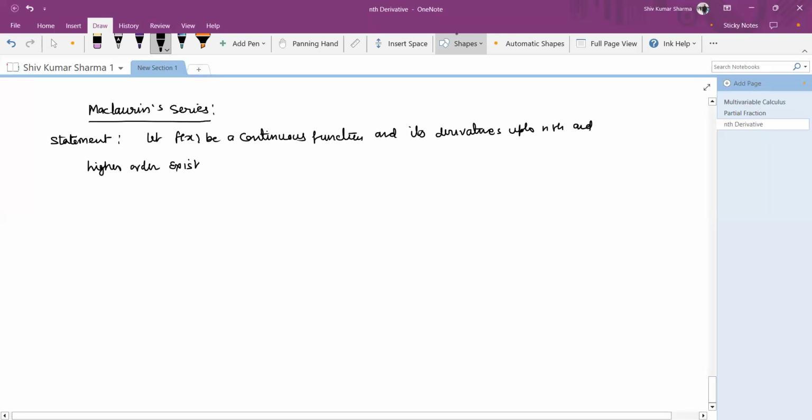So then the function f(x) is equal to f(0) plus x into f'(0) upon factorial 1 plus x square upon factorial 2 into f''(0) plus x cube upon factorial 3 f'''(0) plus and so on.